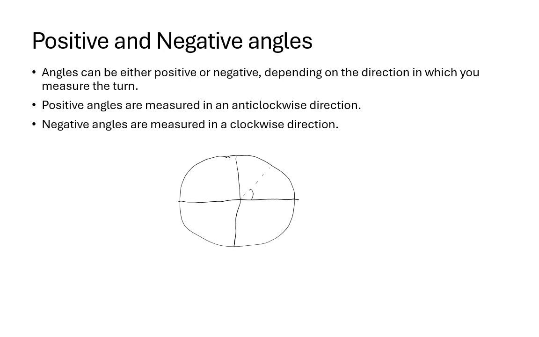If I'm using degrees, I am calling it 45 degrees. If I'm going here, that is anti-clockwise, then I'm measuring it positively. But suppose I measure the angle in this direction, that is clockwise. Then I will call this angle minus 45 degrees.